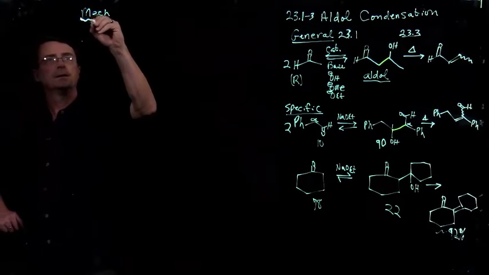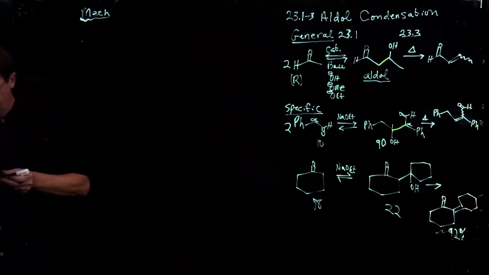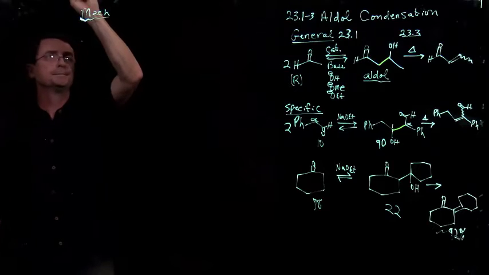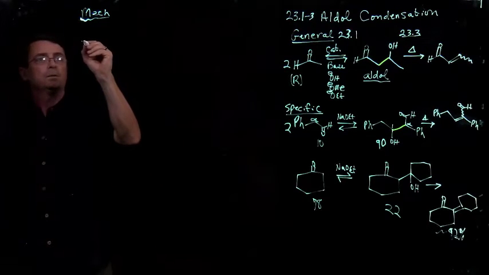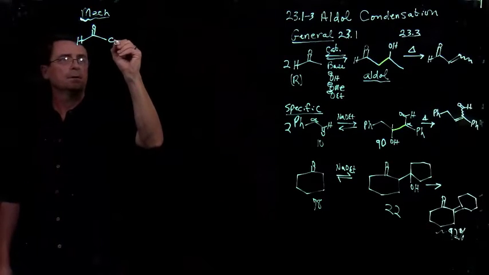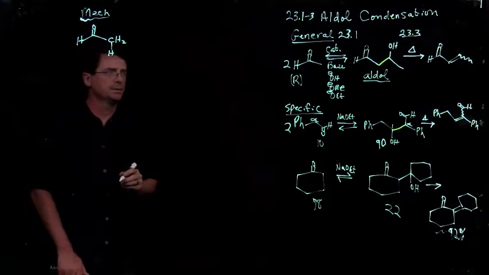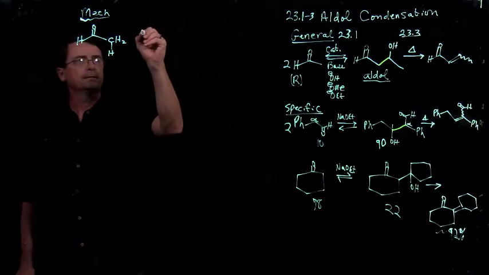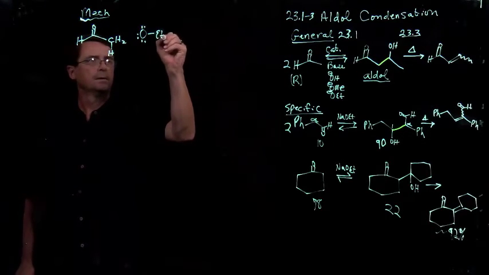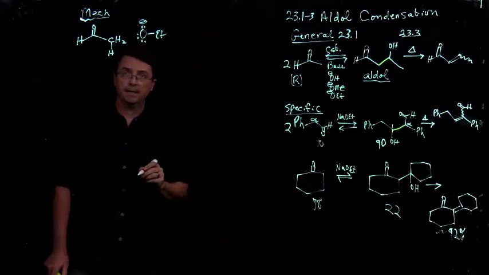Okay, so how is the mechanism of this reaction going to occur? Well, we start with our aldehyde, and we've already learned about the acidity of the alpha position. And so with the base, particularly catalytic in base, remember with catalysts, we often start with the catalyst.